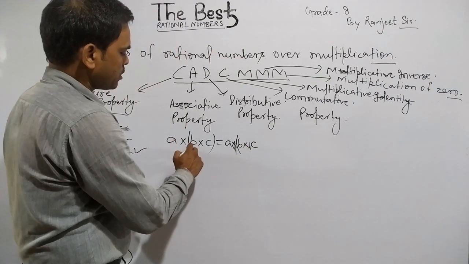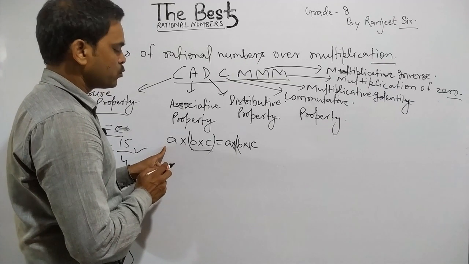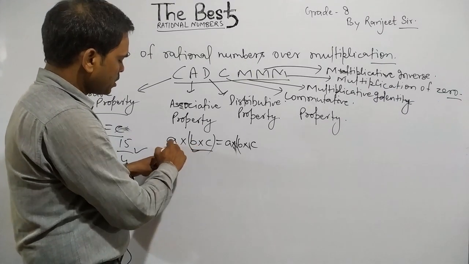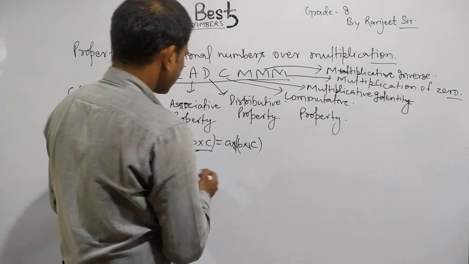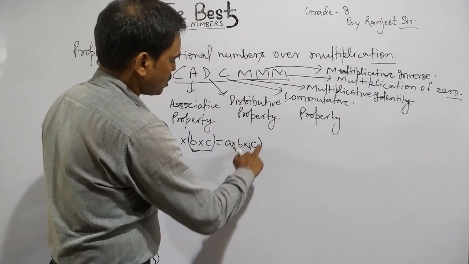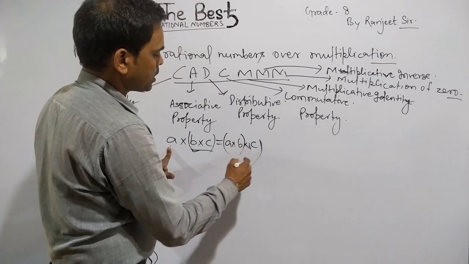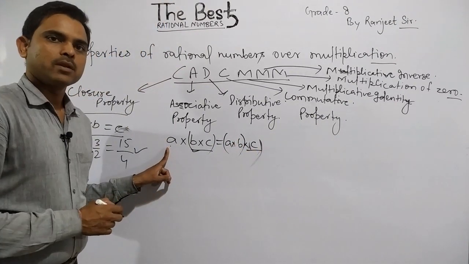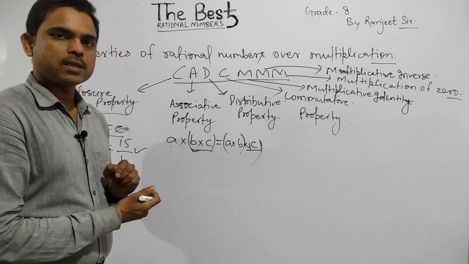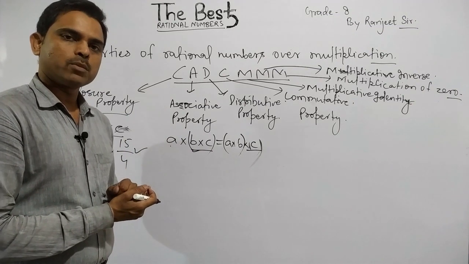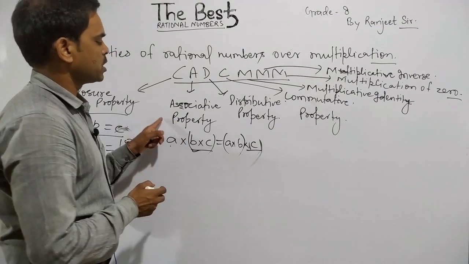In the left hand side, first of all, B and C I am multiplying together, and whatever result I get, I'll multiply that result with A. And here, first of all I'll multiply A and B together, and whatever result I get, I'll multiply it with C. So if you do this in LHS and in RHS, you will get a rational number only, and that will be the same rational number. So this is called associative property.